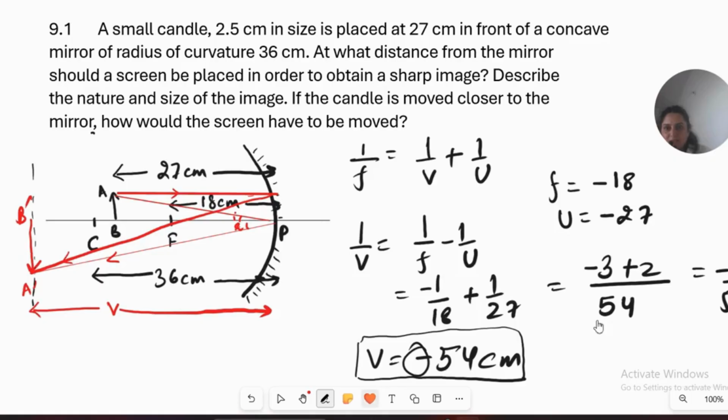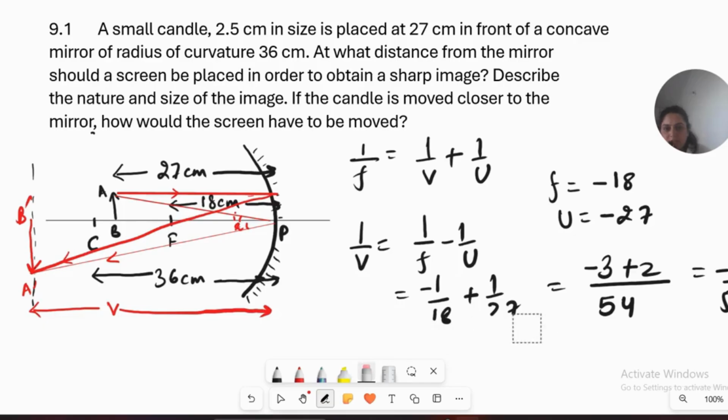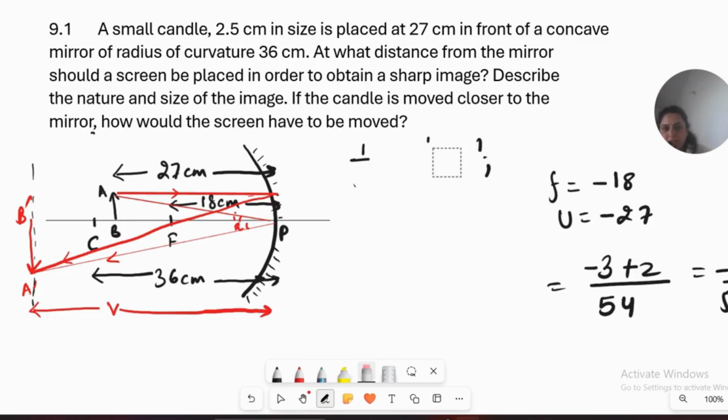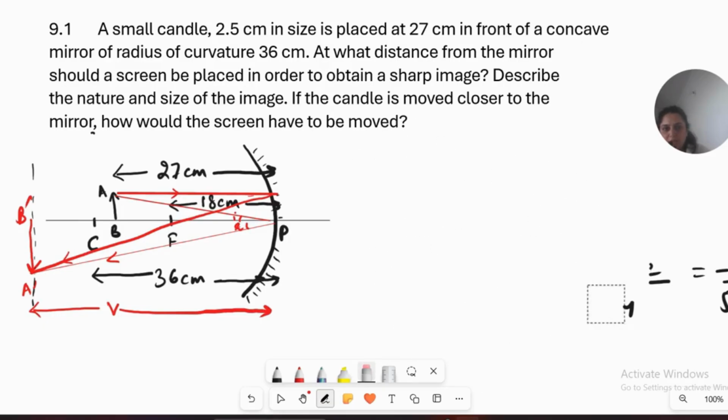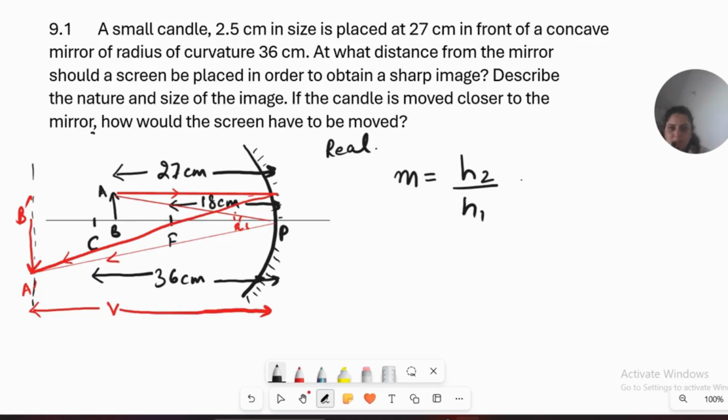And now the nature and size of the image. For nature, as you can see, real rays are coming and intersecting with each other. It's nothing virtual in this. Actual rays are coming and intersecting. So the image will be real. And for the size of the image, we need to go for the magnification formula. m is equal to h2 by h1 is equal to minus v by u. h2 is the height of the image and h1 is the height of the object.